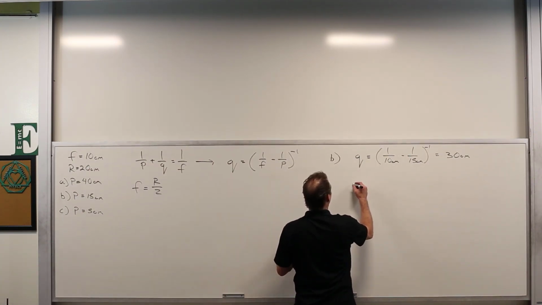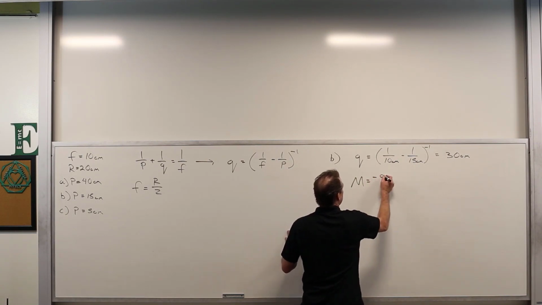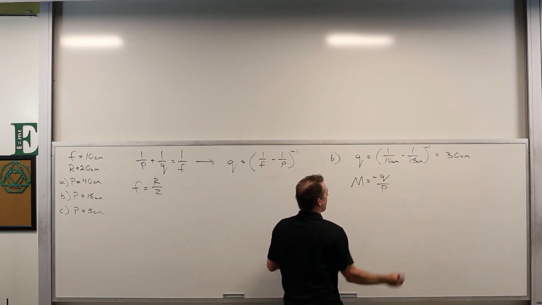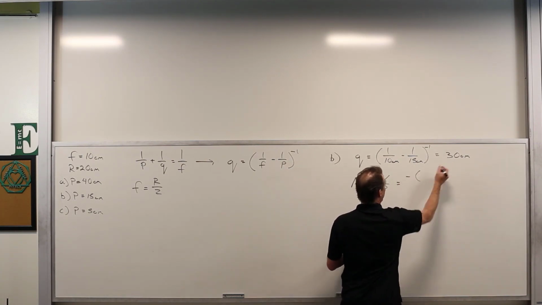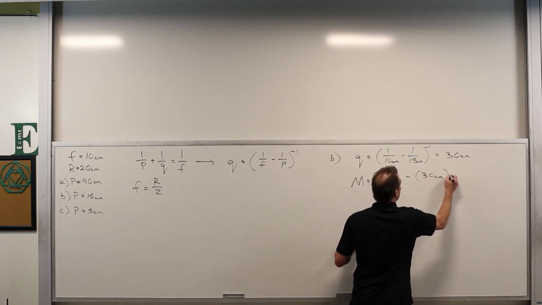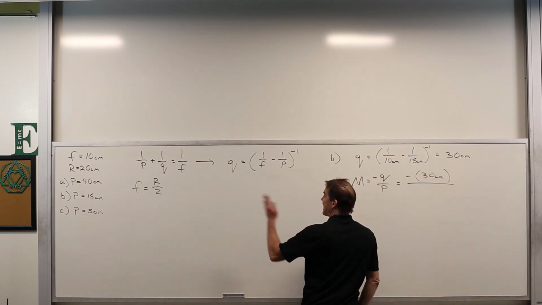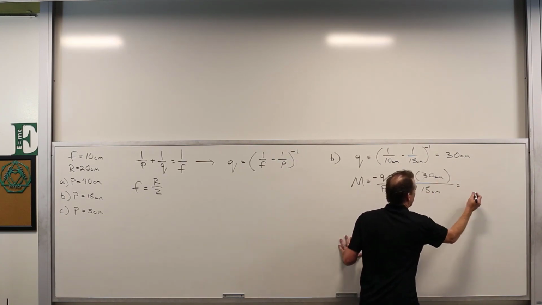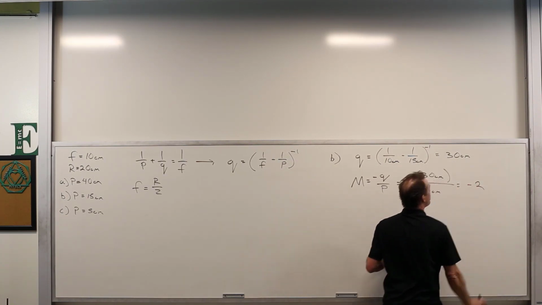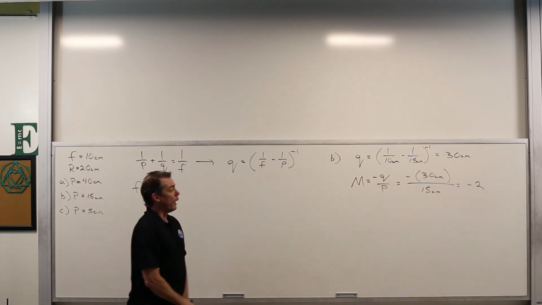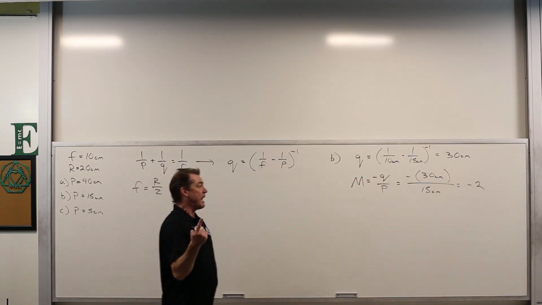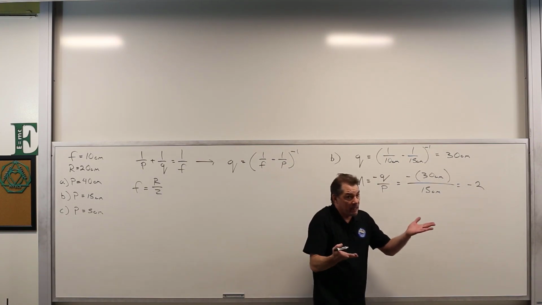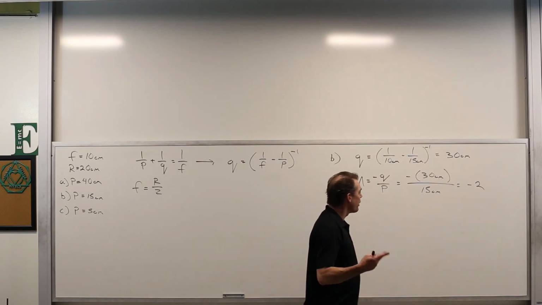Let's go ahead and look at what M is. M again, negative Q over P. That is going to be negative 30 divided by 15 in this case. Centimeters cancel out, didn't really need them there. We get ourselves a -2. Well, this tells us two things. The negative sign says this is an inverted image.